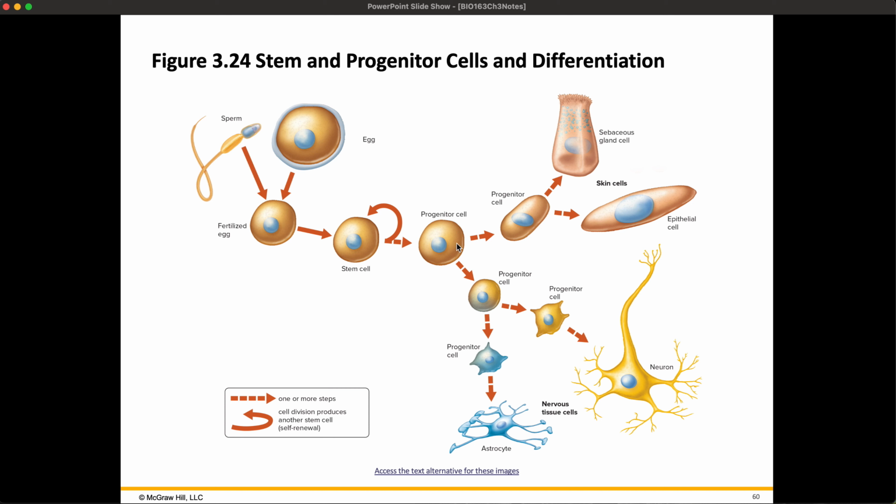Those stem cells can then produce progenitor cells. Again, they get a little bit more specific. This one in particular is making glands and epithelial cells, whereas this one is making nerve tissue cells that help to support nerve function, and an actual neuron. So slightly more specificity as you go down the chain, versus the pluripotency of fetal stem cells.